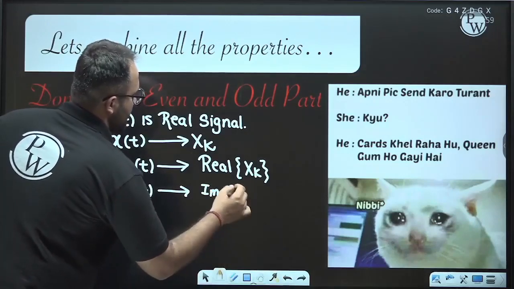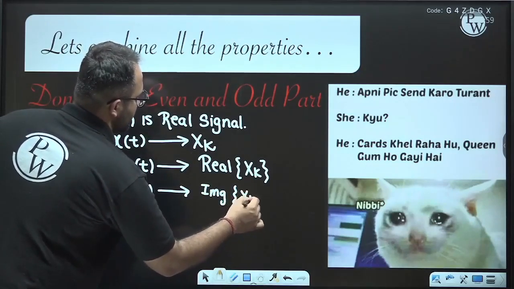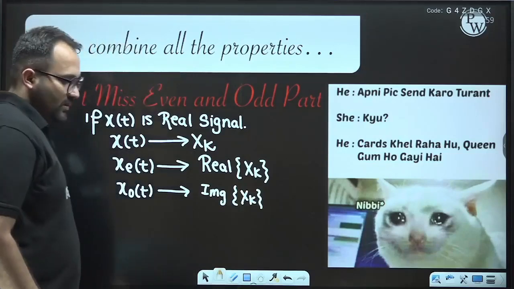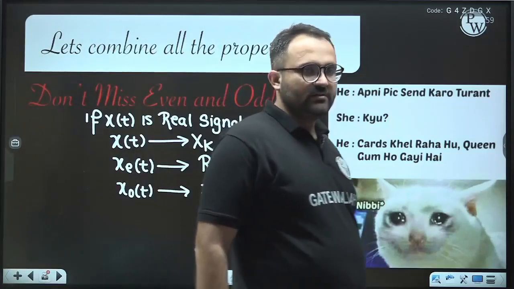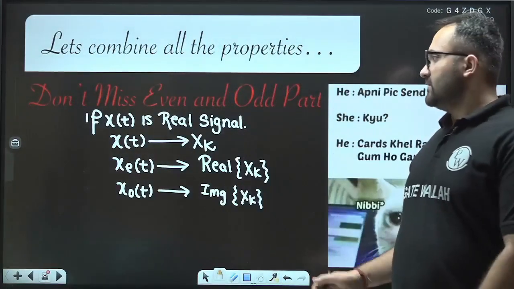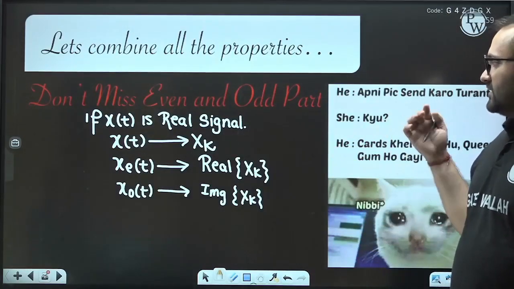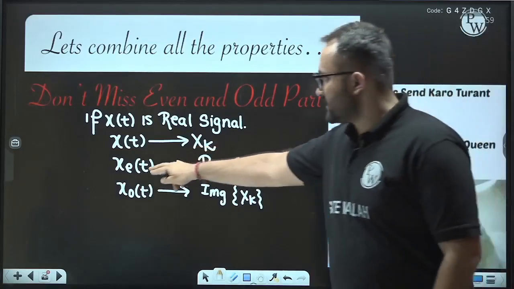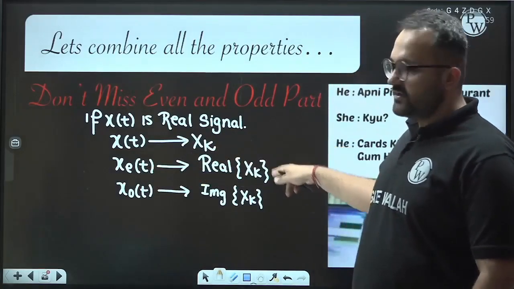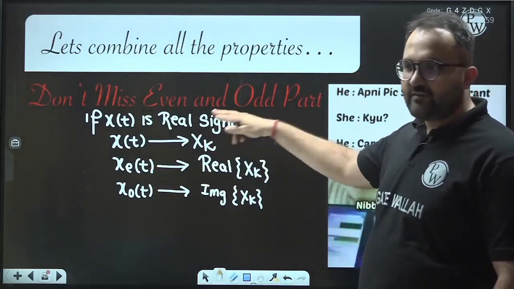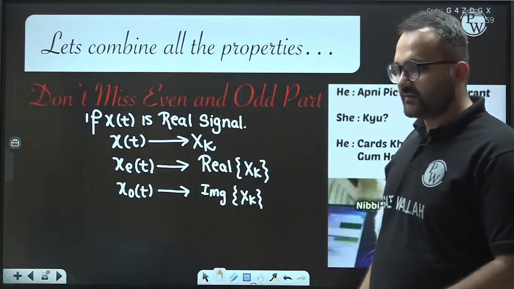You can put all these properties in short notes. So x(t) is real. The even part of x(t) will have Fourier series equal to the real part of x_k. The odd part of x(t) will have the imaginary part of x_k as its Fourier series.